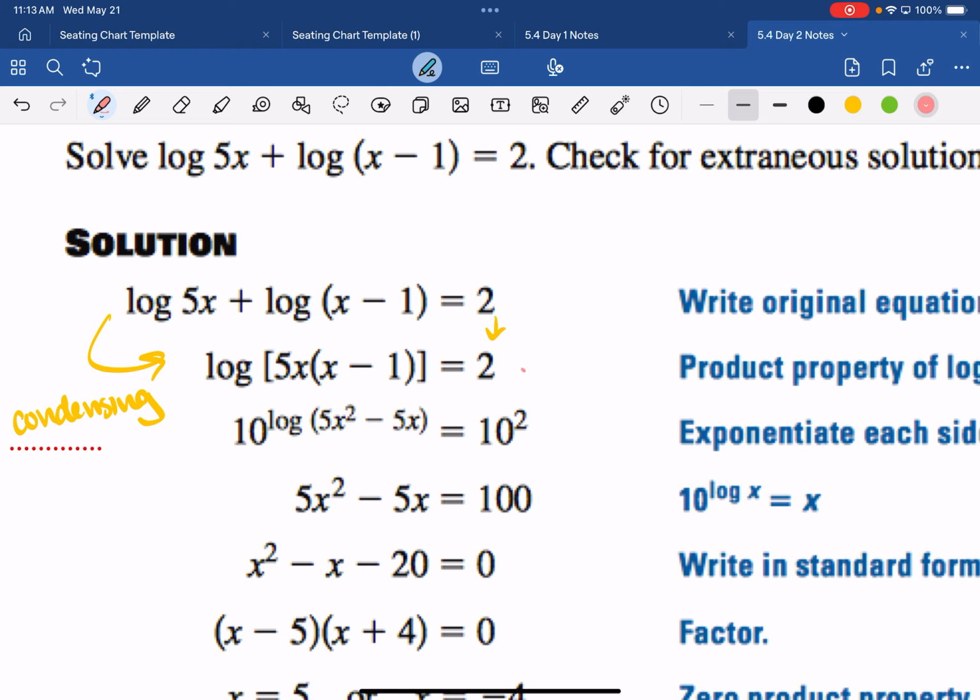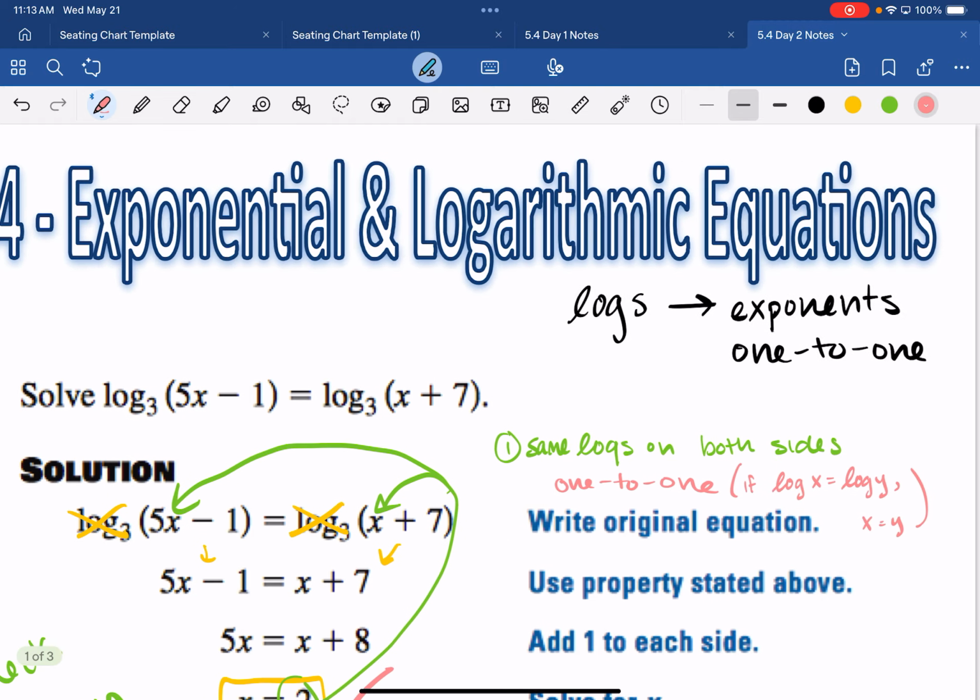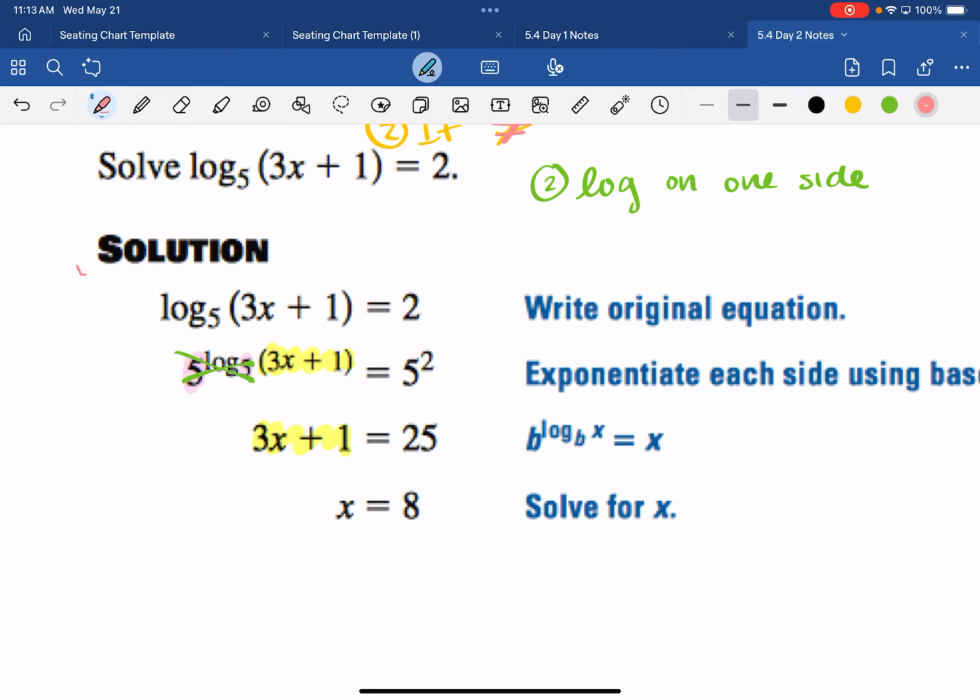Now at this point, over here, this is just this problem, a log on one side. Okay, so the only thing new about this third problem is that we had to condense first. But now this looks like problem 2. Okay, I have a log on one side. I'm going to take this whole side and make it an exponent.